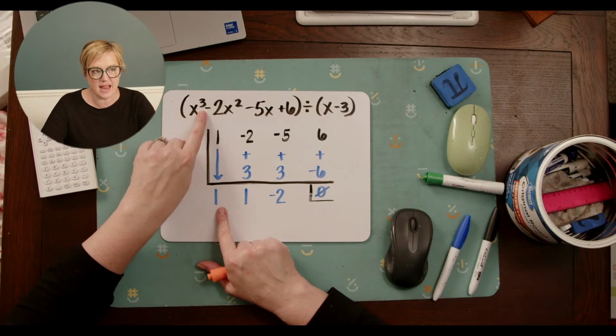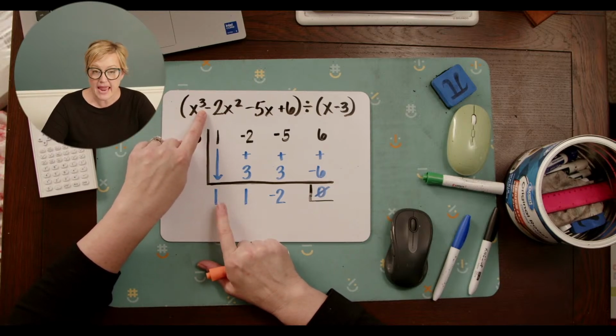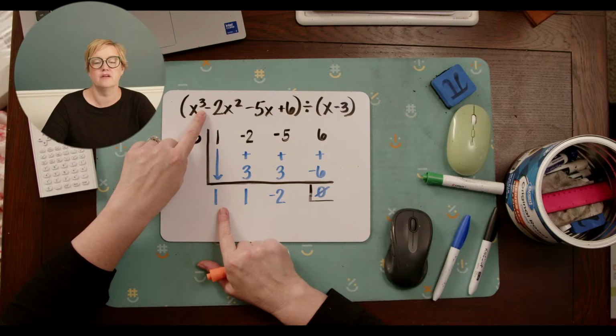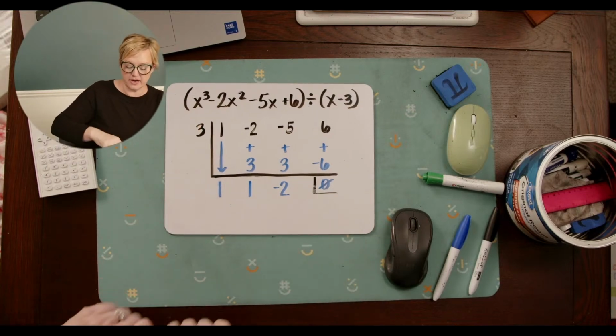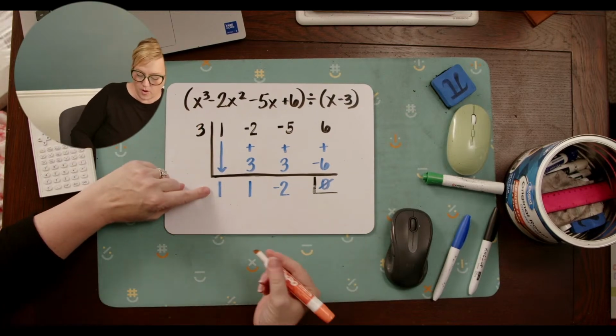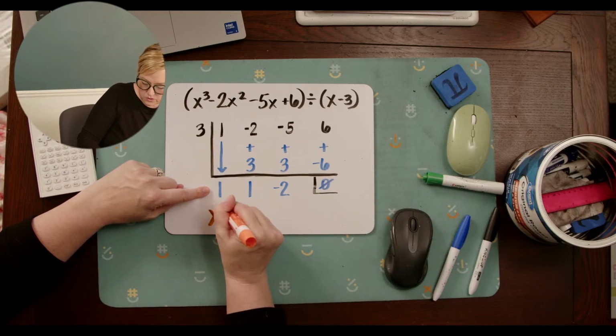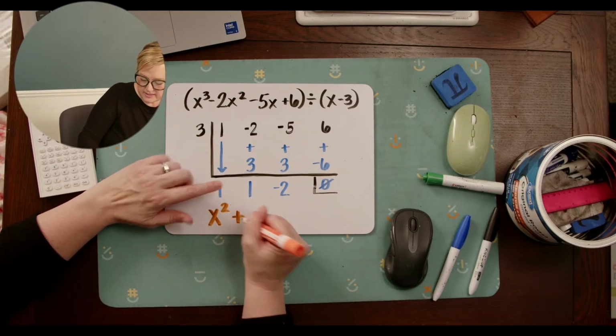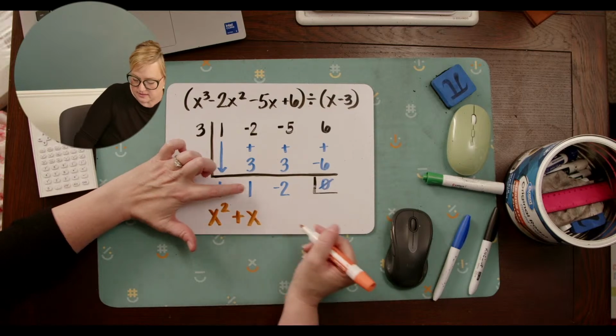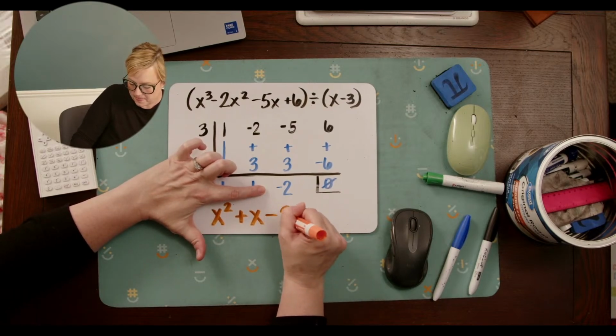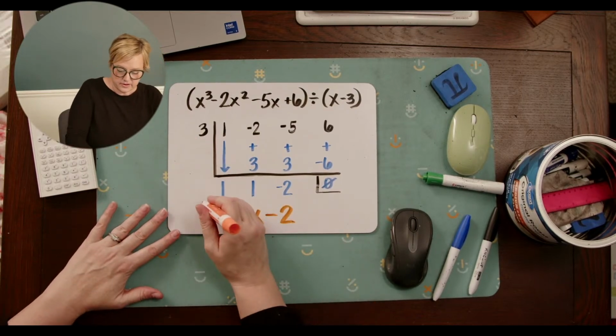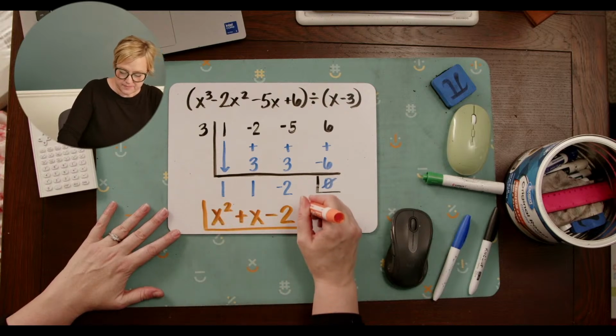Since this one has an exponent of 3, my answer starts with an exponent of 2. So my answer is going to be 1x squared plus 1x minus 2. So that is my solution.